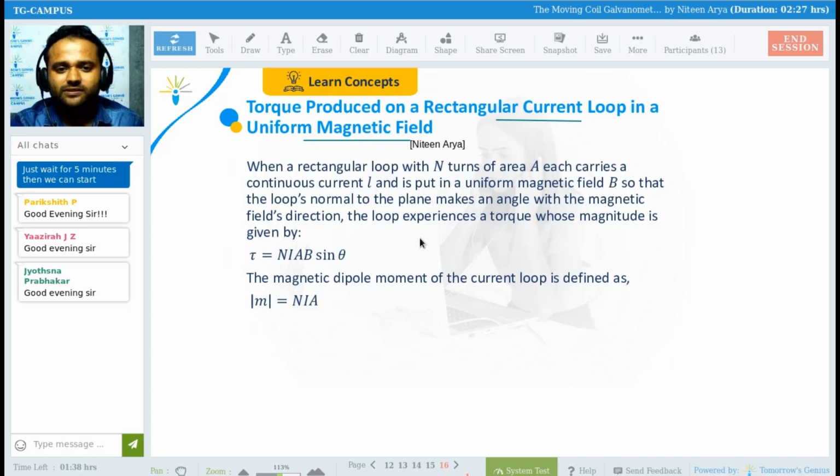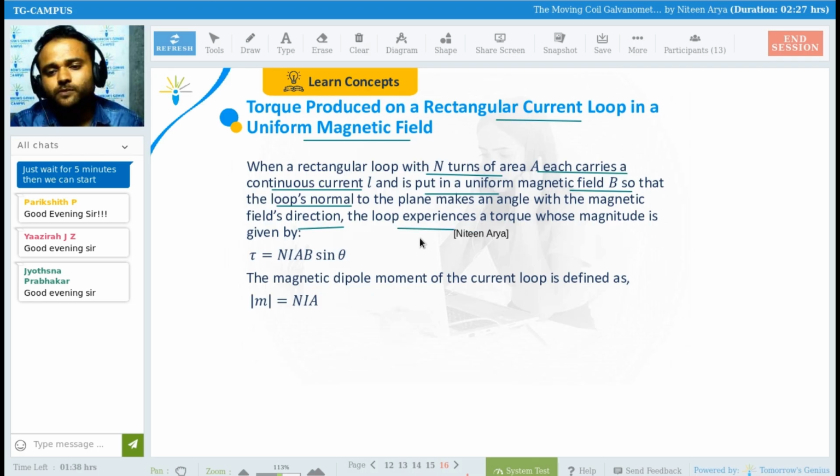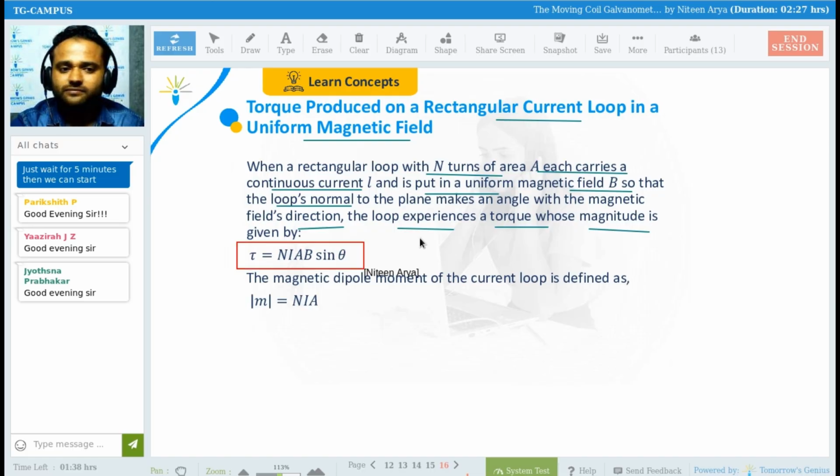When a rectangular loop with n turns of area A, each carrying a continuous current I, is put into a uniform magnetic field B, so that the loop's normal to the plane makes an angle theta with the magnetic field direction, the loop experiences a torque whose magnitude is given by NIAB sin theta. I'm not going to derive this formula because I already derived it in the previous class. Clear?